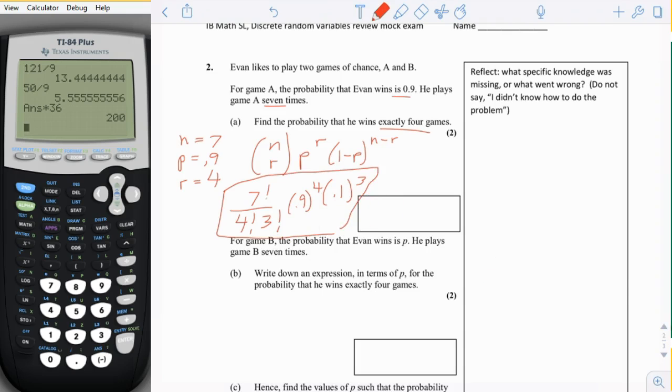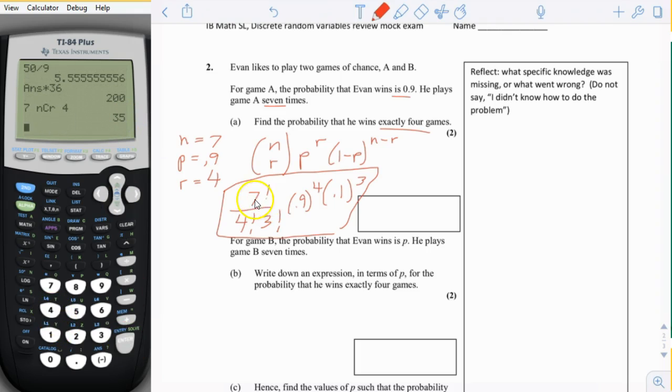And then you could do this either partially or completely using the calculator. When I say partially, it's because you could do the factorial part using the math options. So if you were going to do 7 choose 4, n equals 7, r equals 4, you could go 7, and then you go into math, and then I think you go into probability, and then you go to nCr, and then you put in 4.